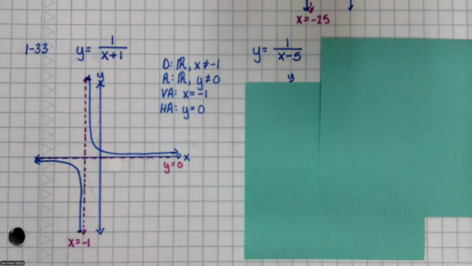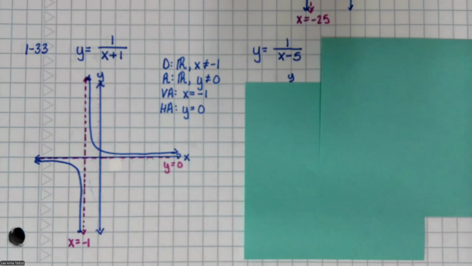Okay, no distractions. Quickly. Domain. The range is all the numbers, but y does not equal 0.